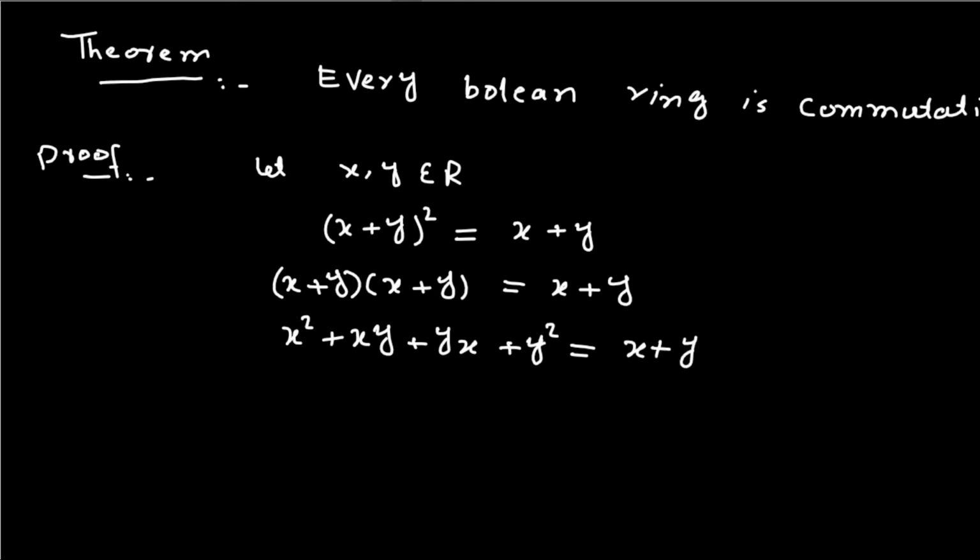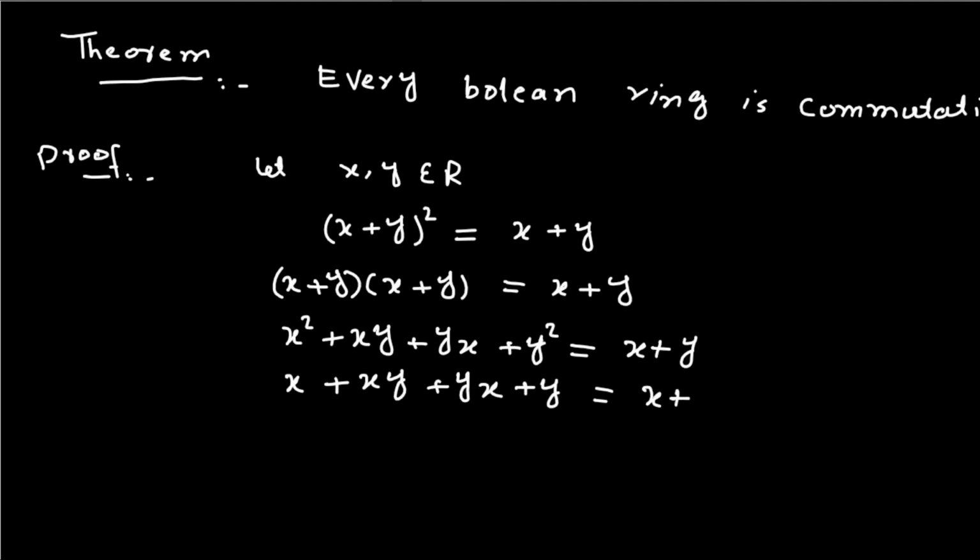Remember that we want to prove commutativity. So our answer should be xy is equal to yx. So x square plus xy plus yx plus y square is equal to x plus y. Remember that, because it is Boolean ring, x square is equal to x, and similarly y square is equal to y.